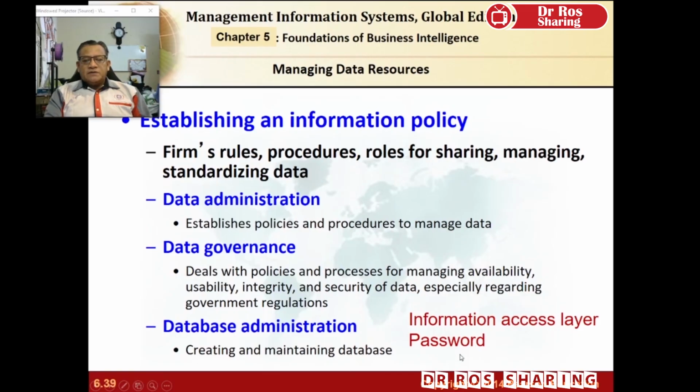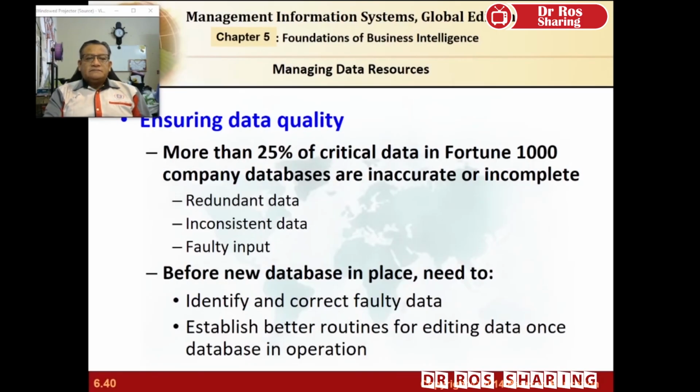That's why we have passwords and particular schemes and mechanisms to access data within our own database system. Data must be managed so that it can be used properly, and managers can decide efficiently and effectively.